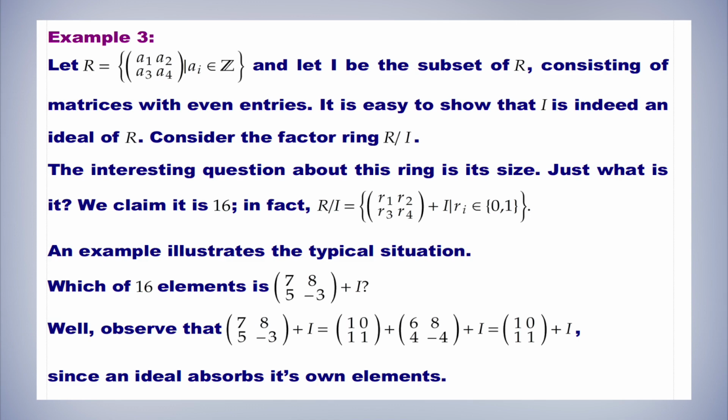An example illustrates the typical situation for one of the 16 elements: the matrix [7 8; 5 -3] + I. Observe that [7 8; 5 -3] + I = [1 0; 1 1] + [6 8; 4 -4] + I, which is equal to [1 0; 1 1] + I, since an ideal absorbs its own elements.